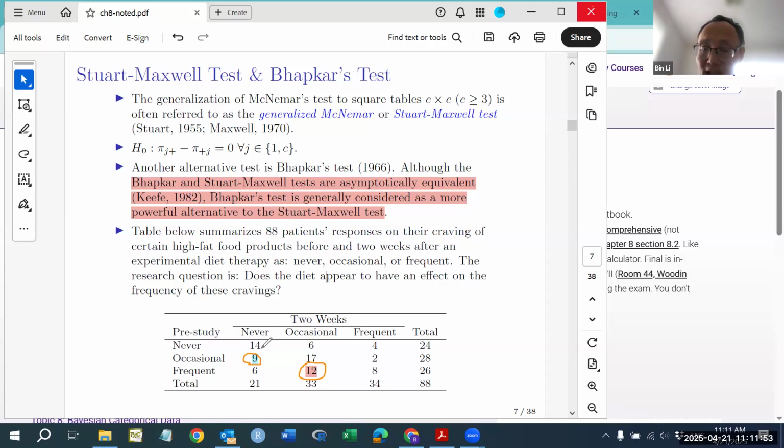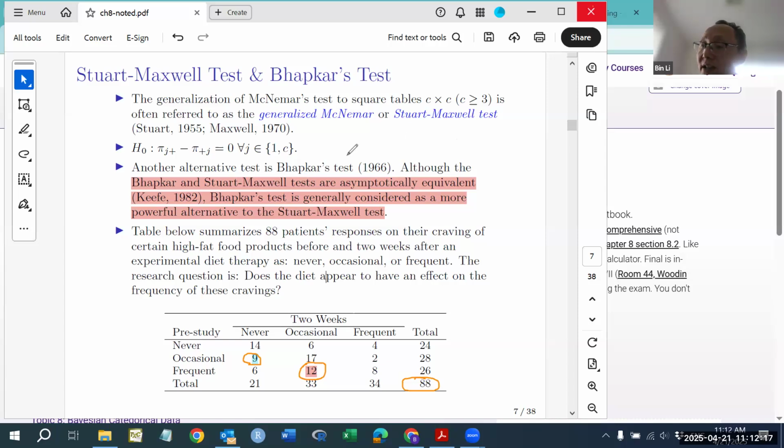Okay, but I use different colors. Why? Because you can see that although these two numbers are both quite large compared to the sample size, 88, this one is more significant and has more influence on the test results. Why?